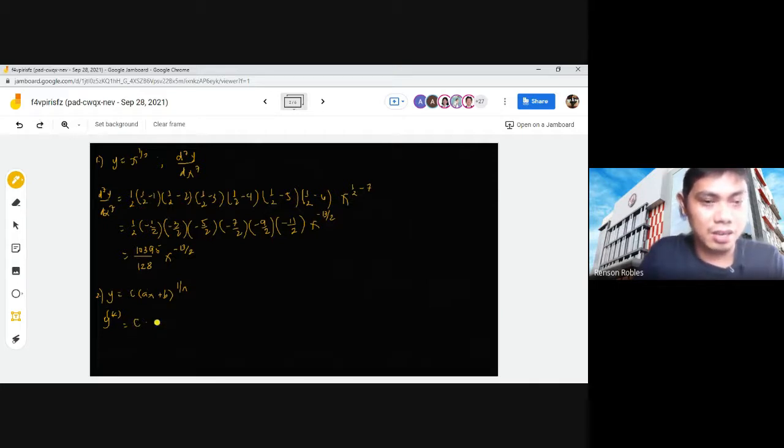Because we are differentiating the a at the end each time, the a keeps multiplying. So that's a raised to k, and then you follow this rule: times 1 over n, times 1 over n minus 1, times 1 over n minus 2, running until 1 over n minus (k minus 1), then times (ax plus b) raised to 1 over n.